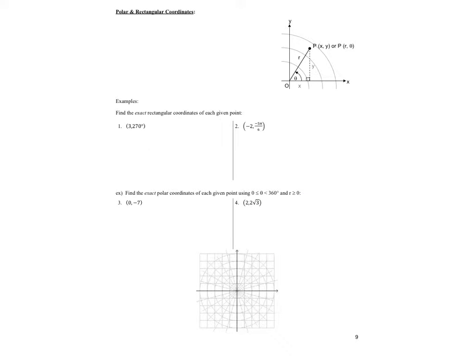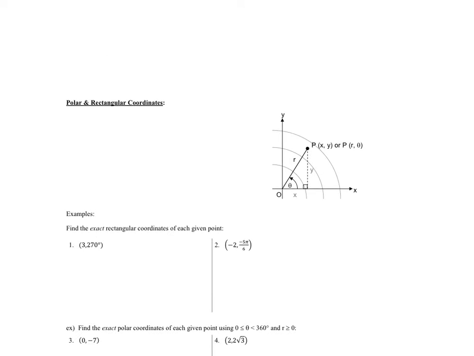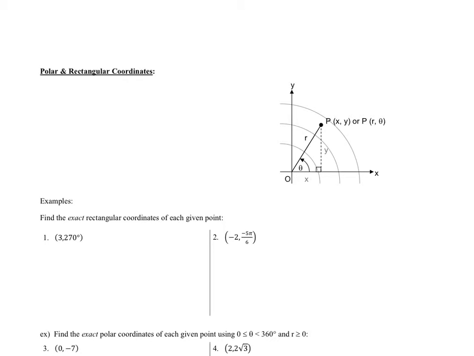But before we get too hot and heavy into creating functions, let's talk about how we can convert back and forth between polar and rectangular coordinates. Very, very important, because yes, polar coordinates in and of themselves are wonderful. Rectangular coordinates, we know what those are all about. Bridging the gap between the two is what we're going to try to do here.